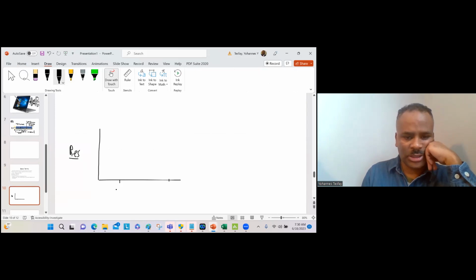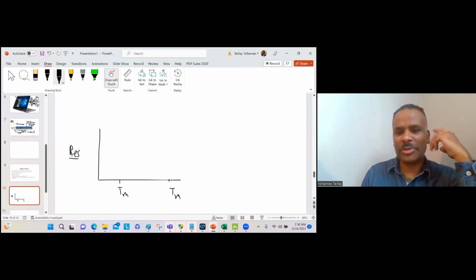Temperature, this is the minimum temperature, and this is the maximum temperature. Minimum temperature, let's say minimum, okay, and here temperature maximum. Now my focus is on resistance, okay? I want to just measure the resistance. So physics: resistance is directly proportional to temperature.